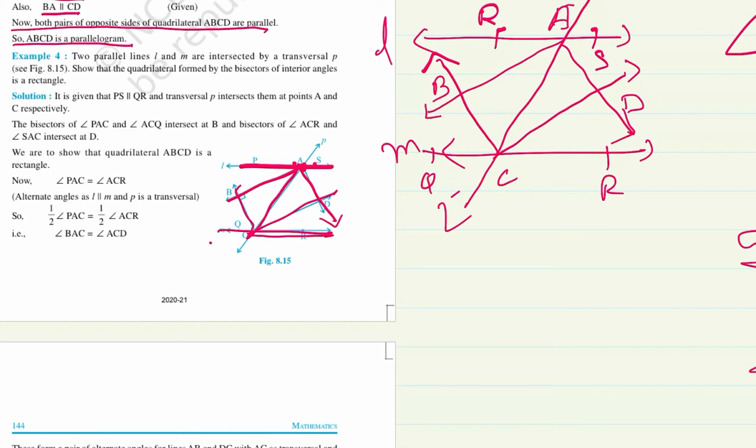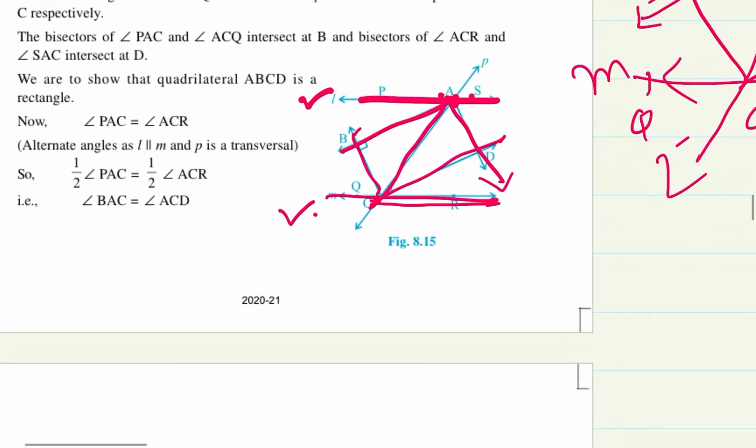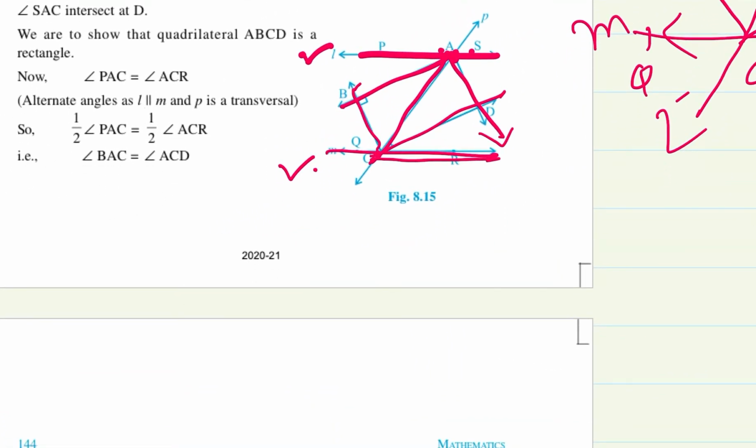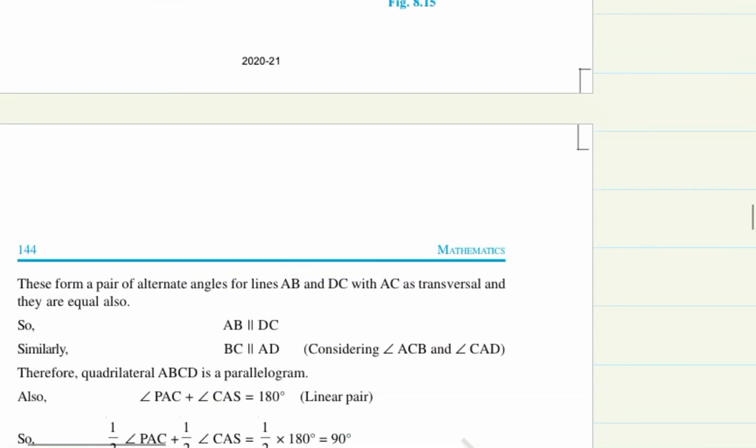Angle PAC is equal to angle ACR because they are alternate angles, as line L is parallel to line M. Likewise, we can say half of it also will be equal. So half of PAC is equal to half of ACR, which is angle BAC is equal to angle ACD.